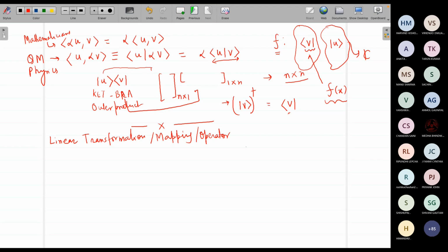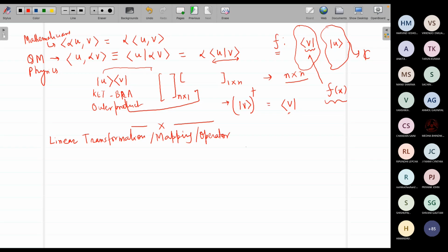The reason why we are going to define this is that in quantum mechanics, whatever observable we are going to make, those observables are replaced by operators. And those operators have to be somehow defined in this space, because these operators do what?